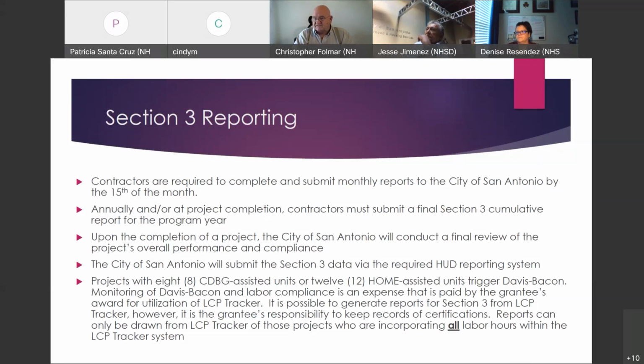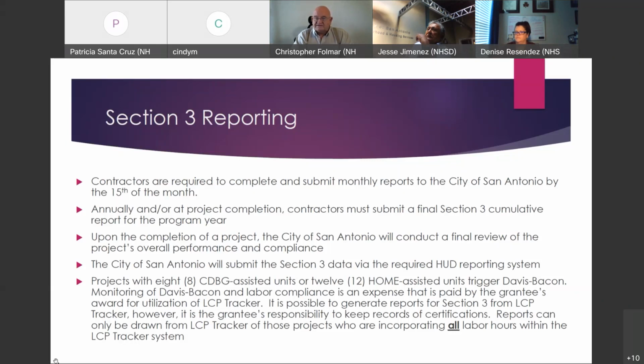If we meet the Section 3 goals, we're going to require things like timesheets, which, like I said, you're already keeping anyway. But if we don't meet the Section 3 goals, then we're going to have to provide evidence that we tried. And I'll get into that a little deeper in a minute.